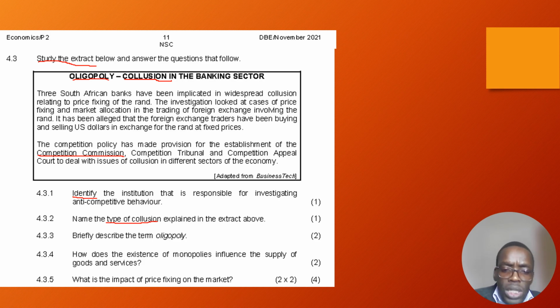Okay, so you need to understand that. So in this case now, they are saying name the type of collusion explained in the extract above. So you could have said overt, or you could have said explicit, or you could have said formal collusion. Whichever answer that you gave us there, you are going to get your 1 mark.